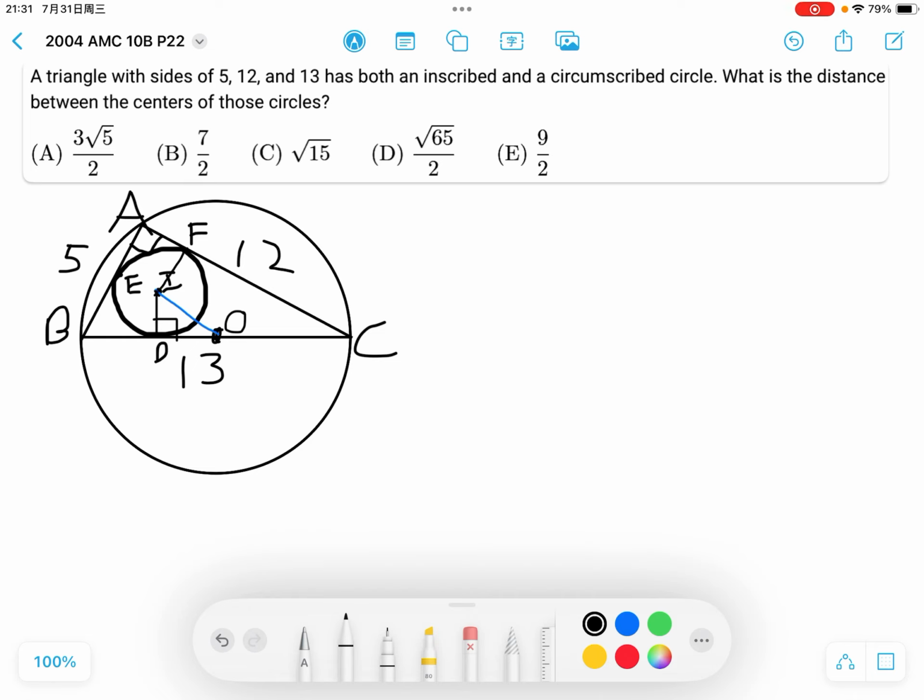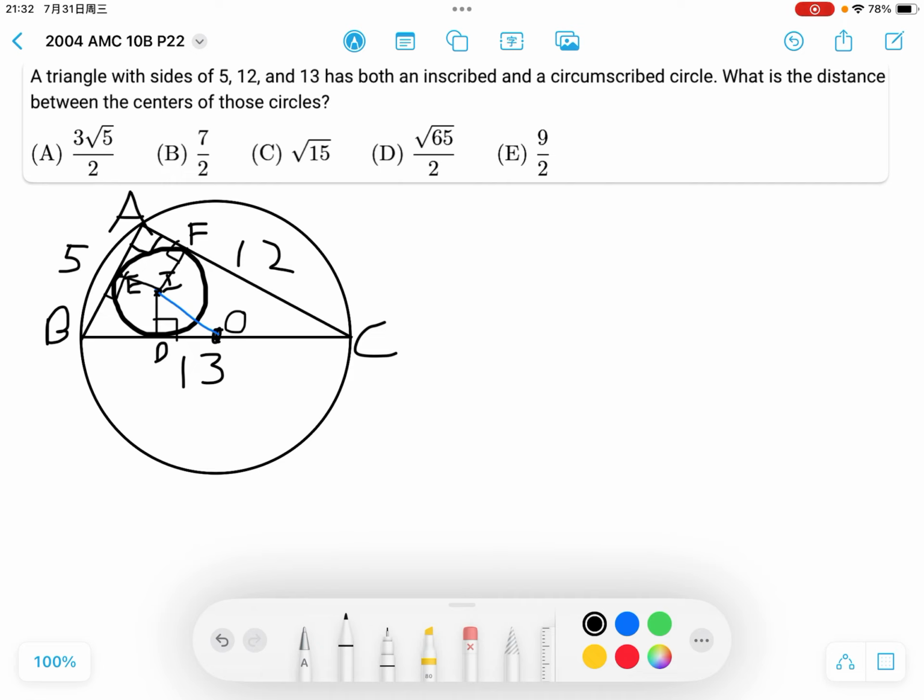IF is perpendicular to AC, because F is the point where the circle of center I is tangent to AC. And the same thing for IE, which is perpendicular to AB. So these three lengths, IF, ID, and IE, are all equal to each other because they're the radius, and they're also perpendicular to the three sides.